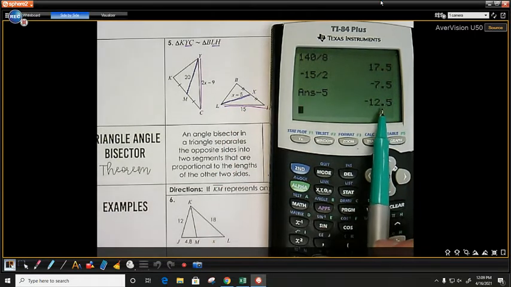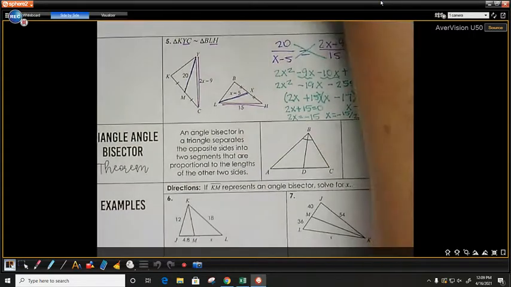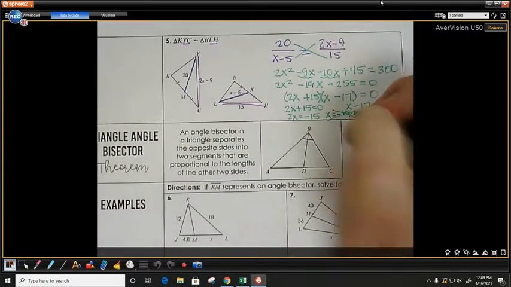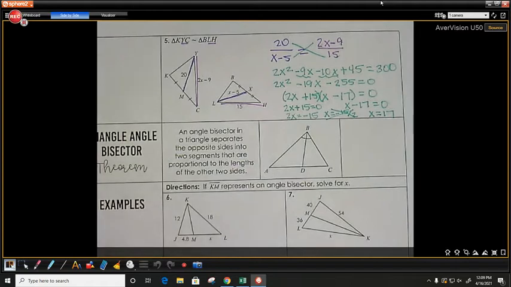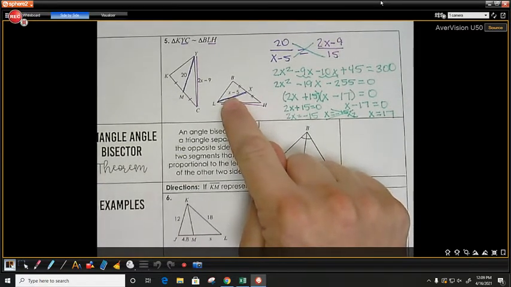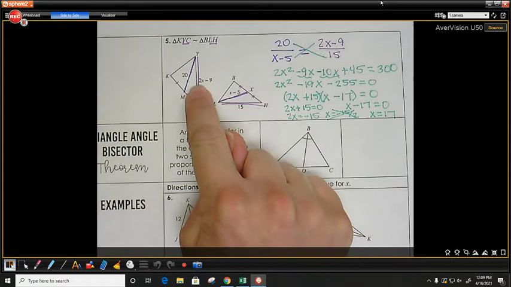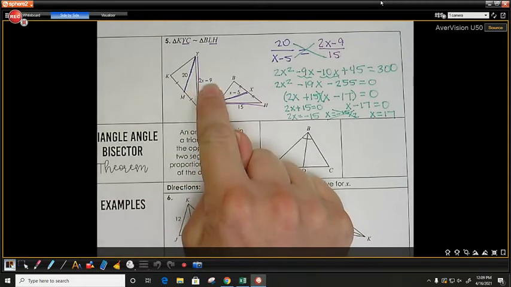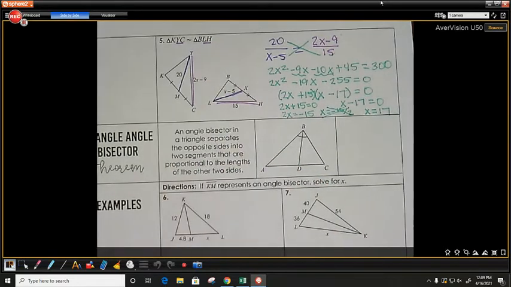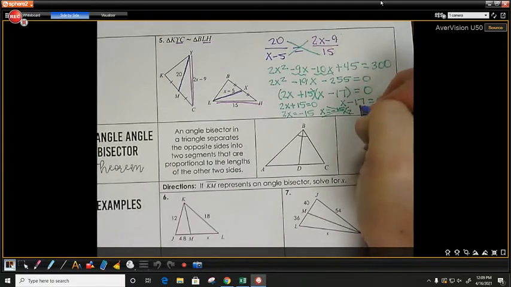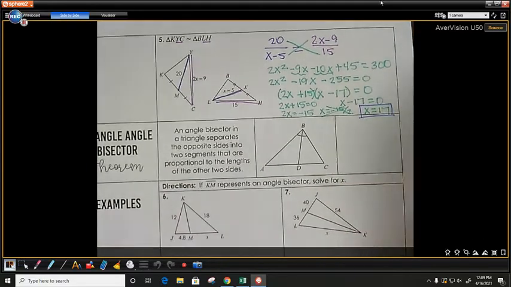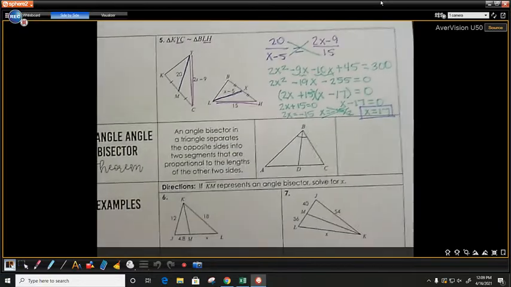You never can have a negative length. So I know this is not an acceptable answer. So let's now try 17. 17 minus 5 is 12, so that works. 17 times 2 is 34. 34 minus 9 is 25, so that works. It gives me positive lengths. You always have to get rid of any answers that are going to give you a negative length.